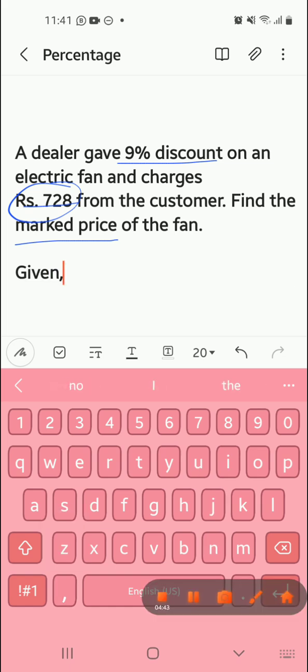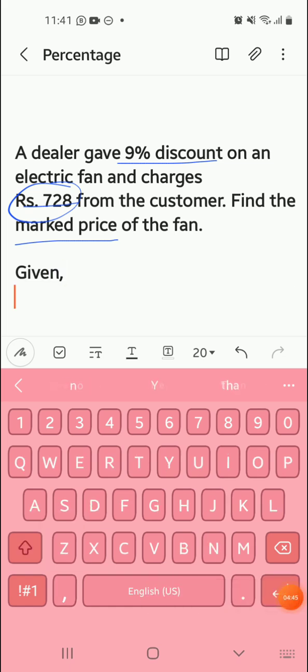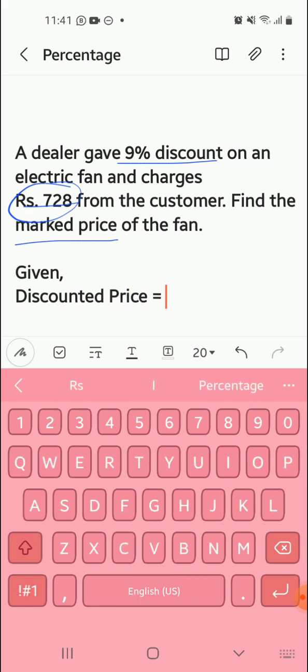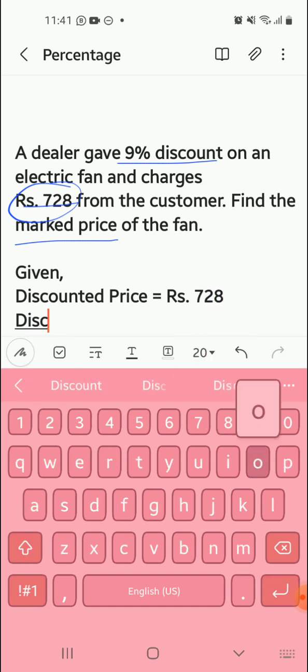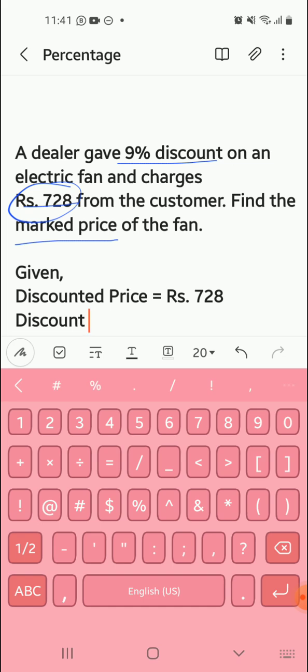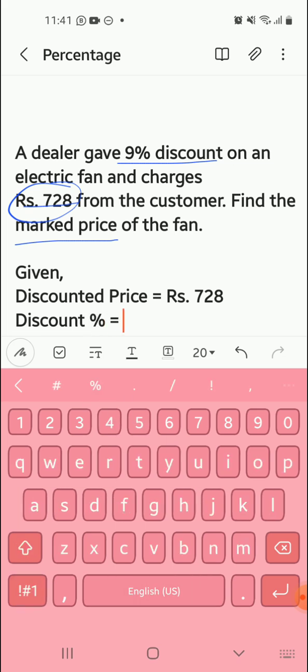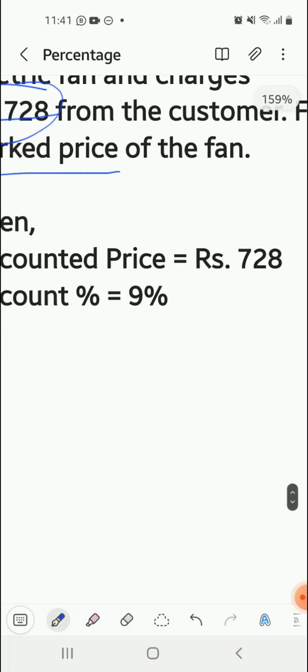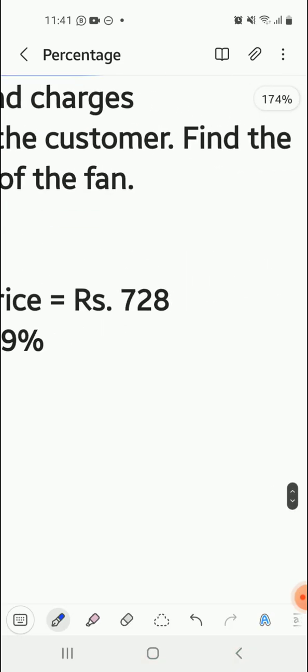First is the discounted price, which is equal to rupees 728. The discount percent is also given, that is 9%.